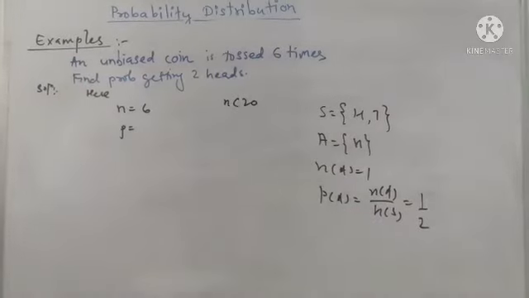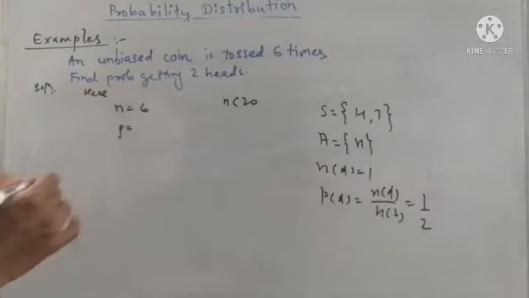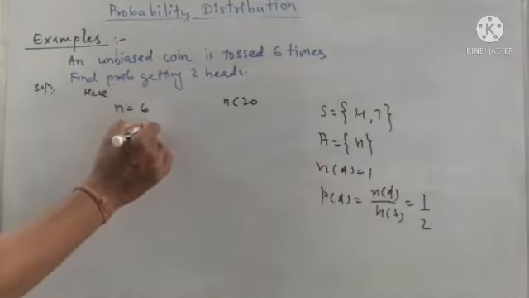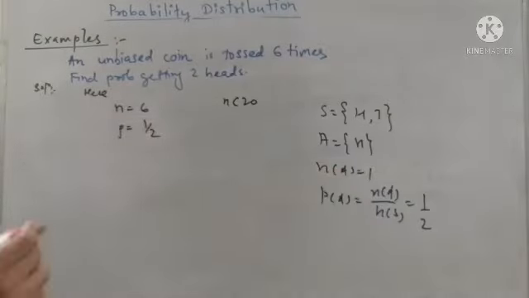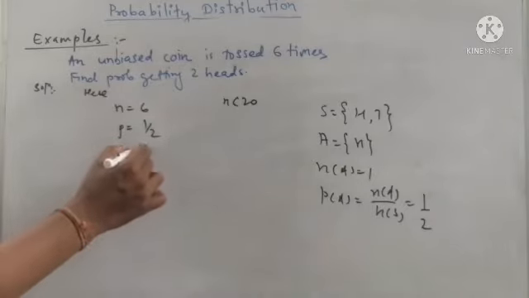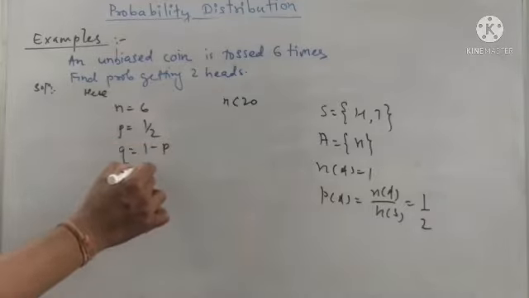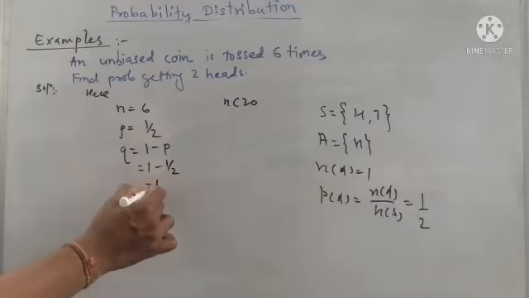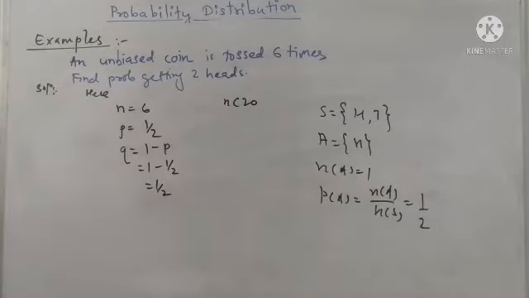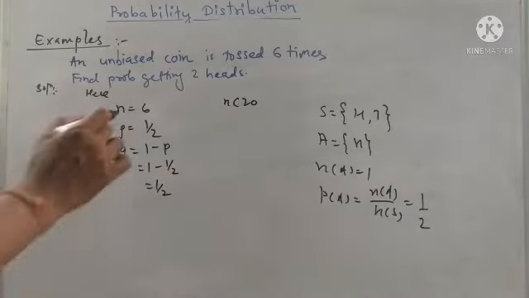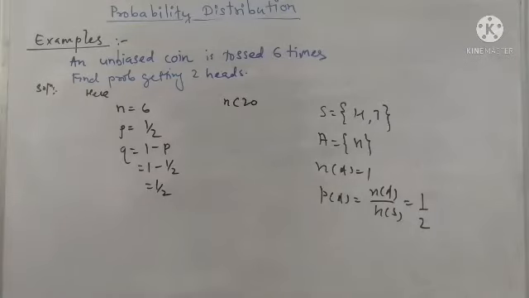So the probability of getting a head is 1 by 2. That is, the probability of success is 1 by 2. Now we have to find Q, as we know Q is 1 minus P. So 1 minus half is again half. So P is a half, Q is a half. That is, P is the probability of success here, Q is the probability of failure.